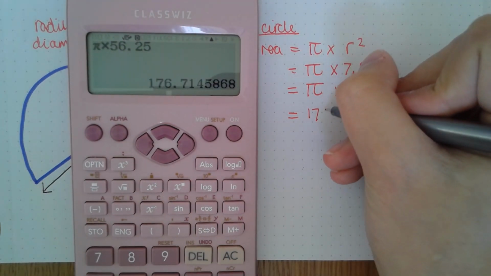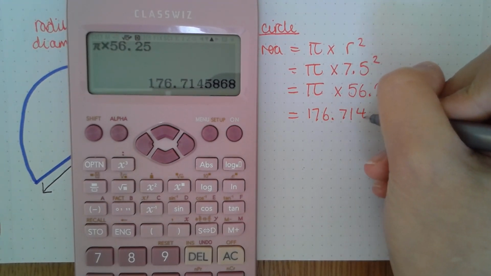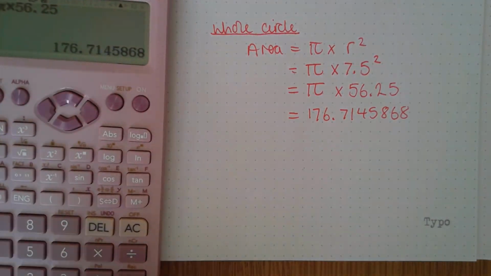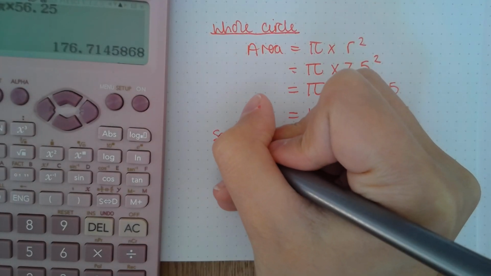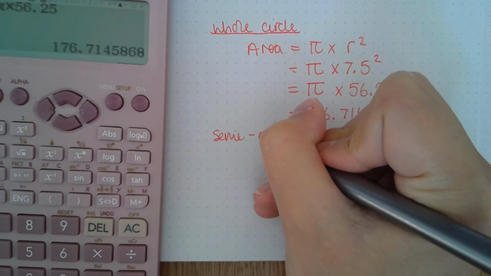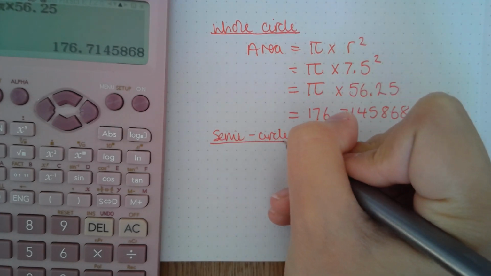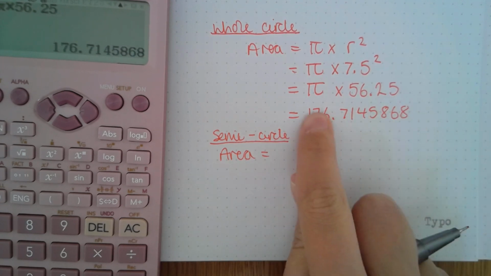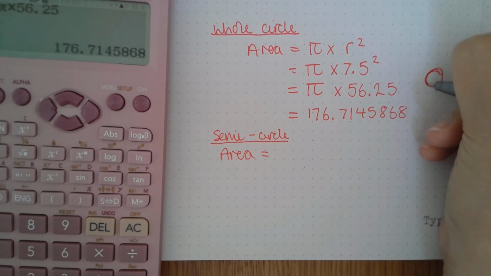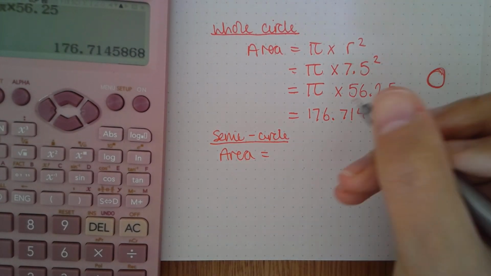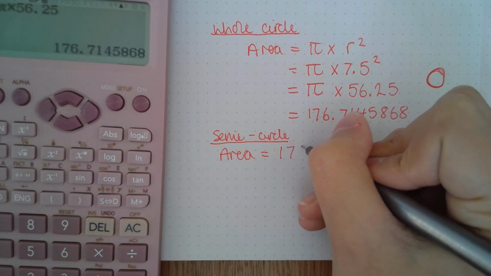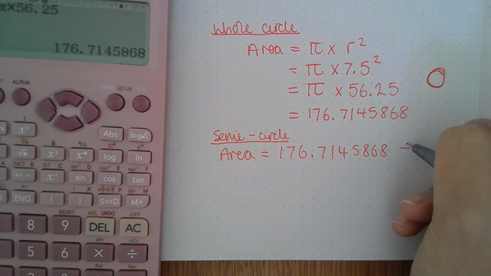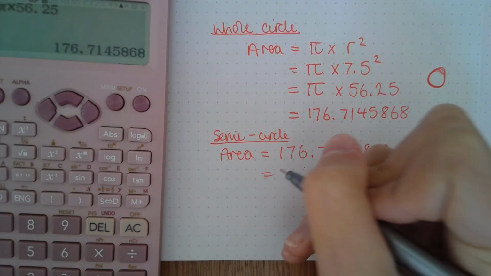So 176.7145868. Okay, and then we want to do the semicircle. We've got area equals, we want to divide this, because remember that's the whole circle, we only want half the circle, so we're going to divide this by 2 in half.